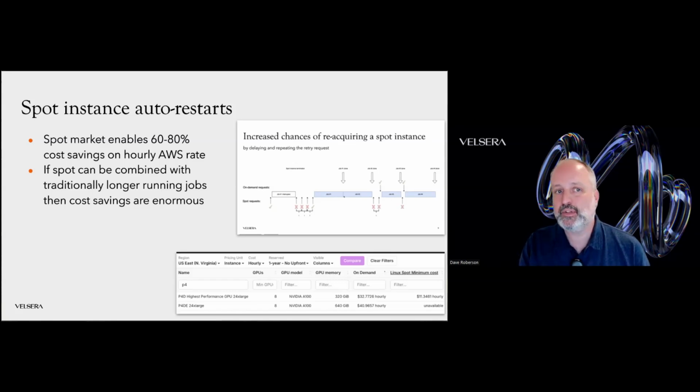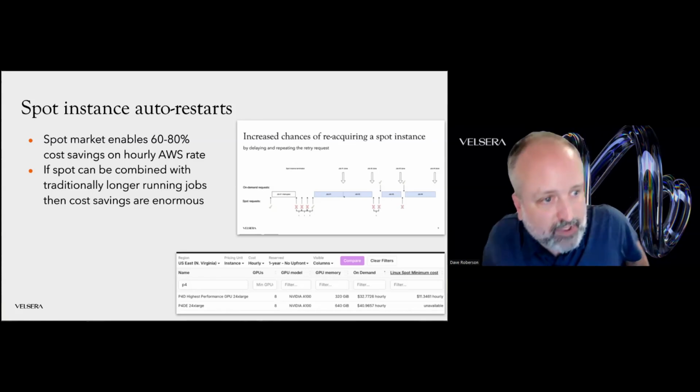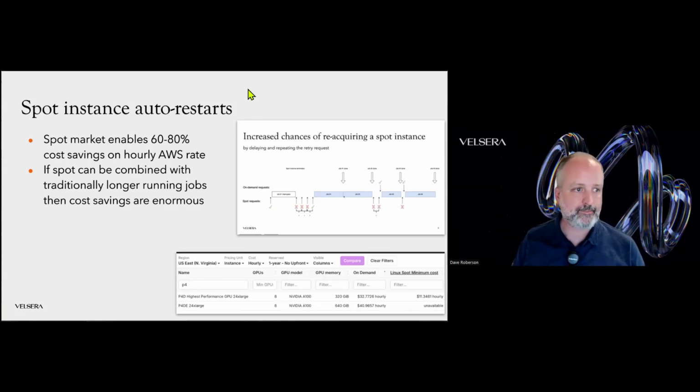And you can fine tune this. You could say, I want to try 4 times, and if I get preempted 4 more times, just run the rest of it at full price because I need my results by tomorrow or something like that. But that's much more customizable than it was.